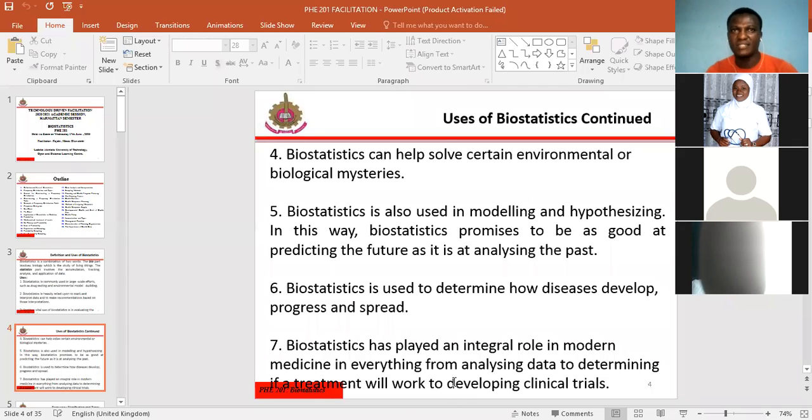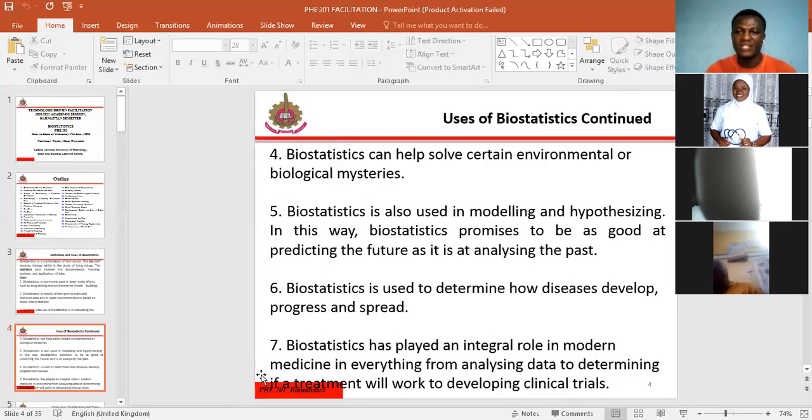Now, if you look at the scenario that we have now, especially this corona pandemic, you see that day in and day out, there are a series of researches going on, aimed at finding a lasting solution to the present pandemic. And before this could be achieved, you will agree with me that they always need statistics.